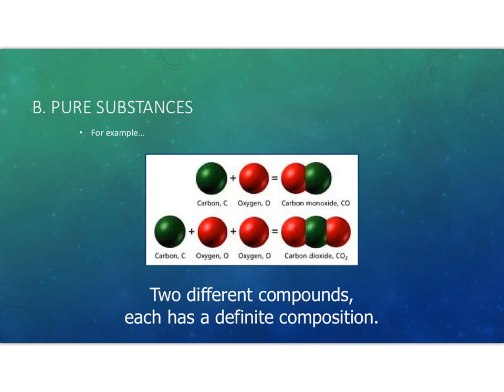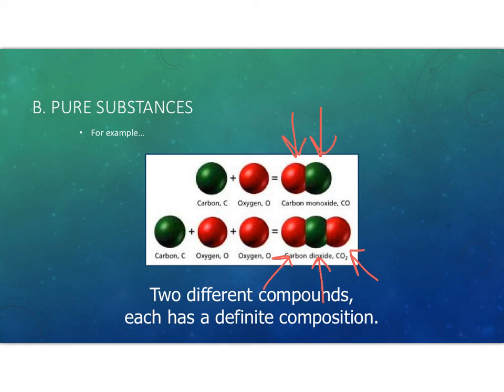Here's another example. I have 2 different compounds here. In the first, I have carbon monoxide, 1 carbon for every 1 oxygen. But I can also have 1 carbon for every 2 oxygen.